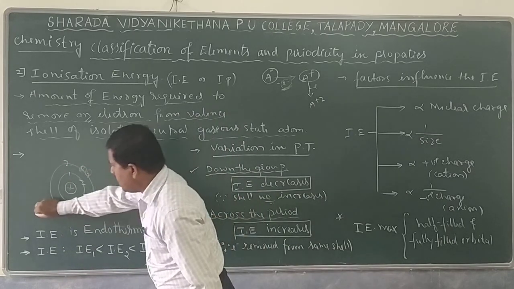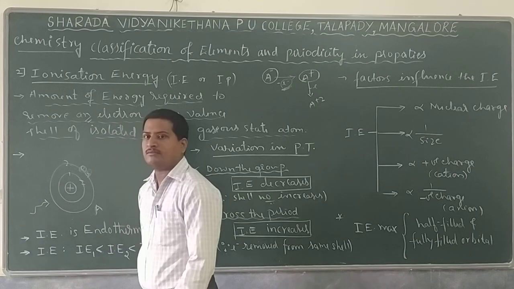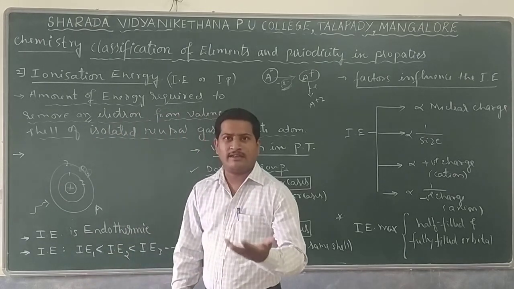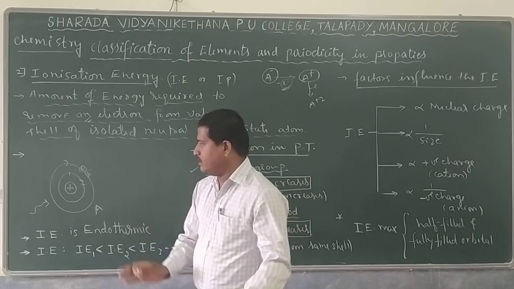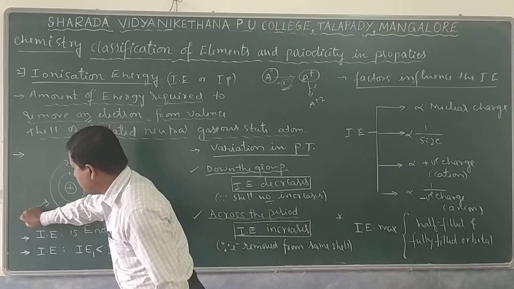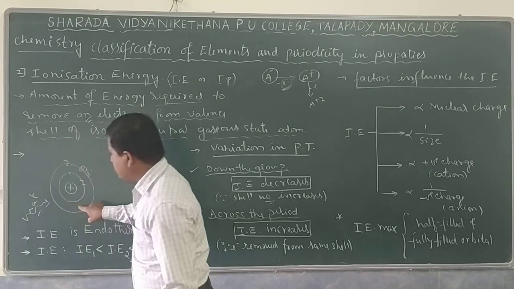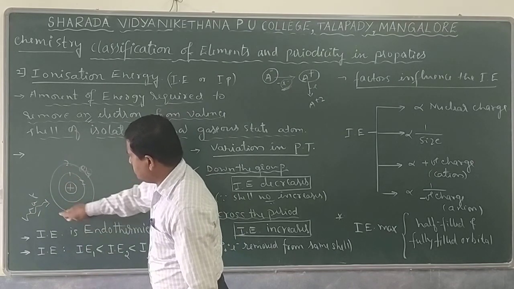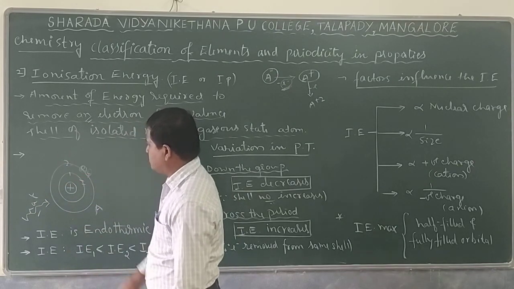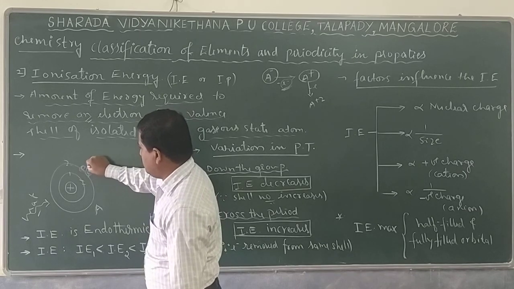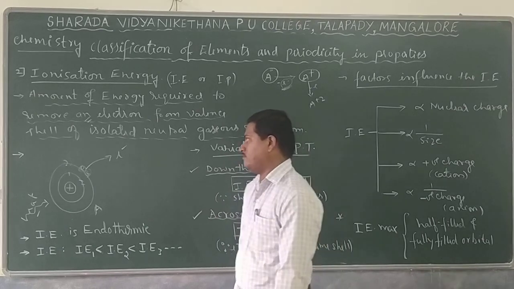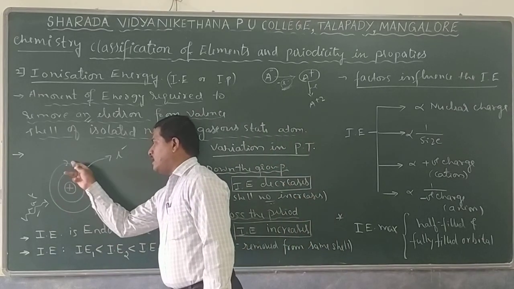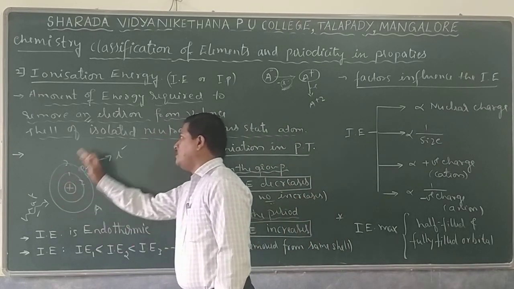So here what happens? After heating that atom, either by heating directly with a flame or heating by electric current or any other method, after increase of temperature, the electrons present in the valence shell gain energy, and one electron comes out from the valence shell of the atom.